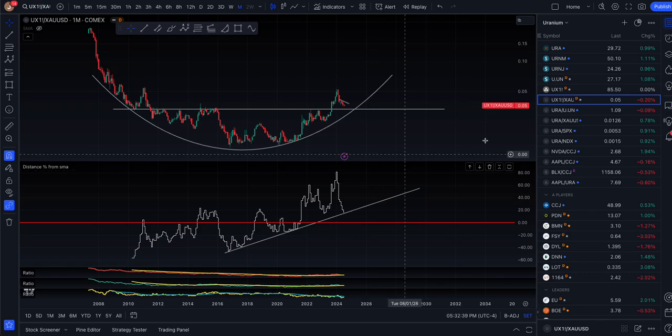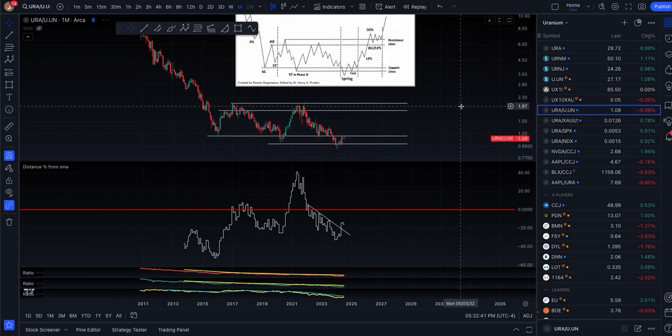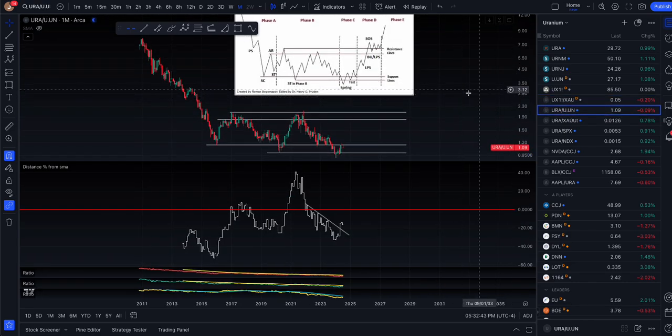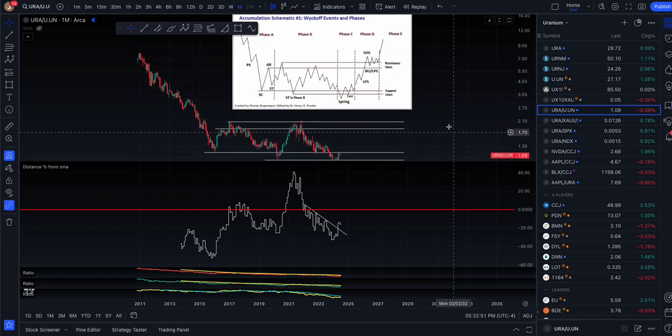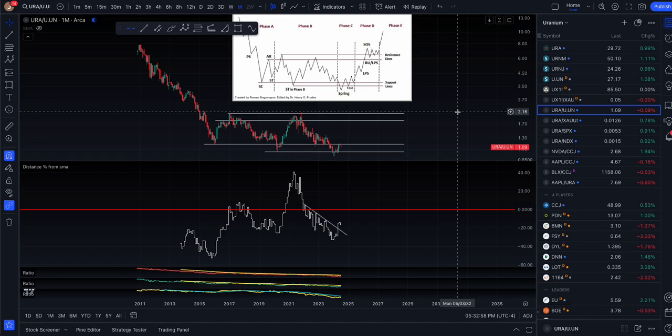Then let's look at the basket of equities measured in the physical trust, or measured in the metal, more or less. Here, Casper on X, a really good follow, has put in front of us this Wyckoff accumulation pattern that is so visible on the URA divided by U.UN chart.